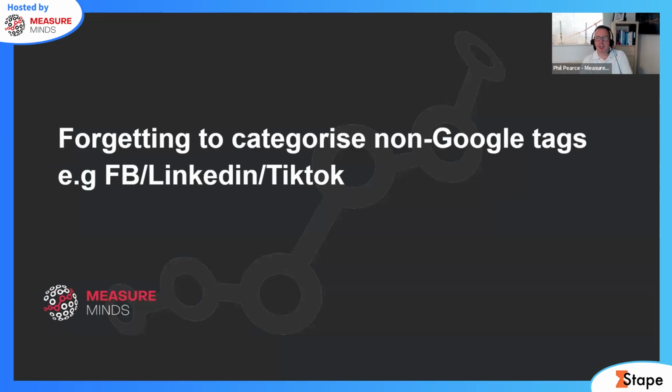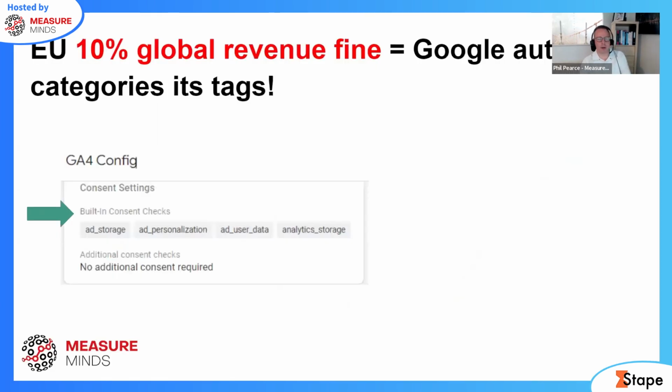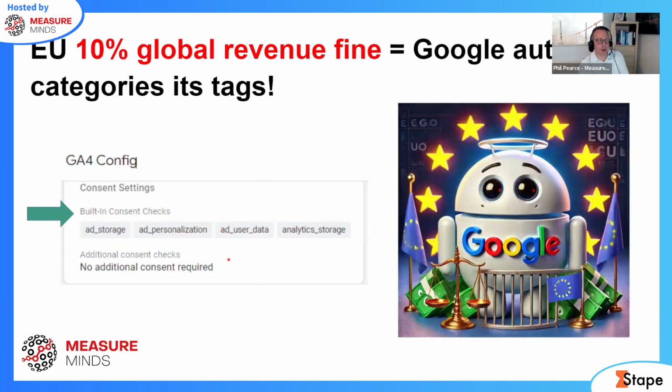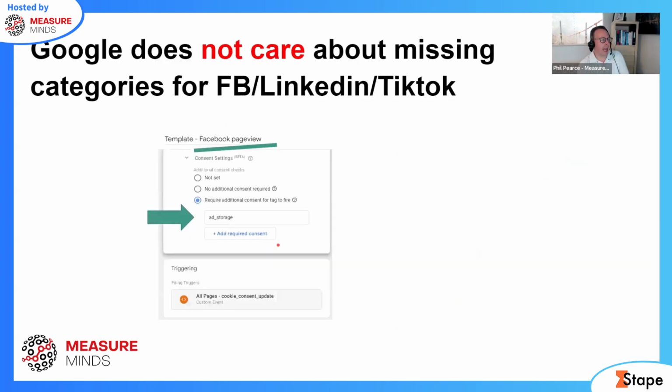Google has categorized Google tags automatically. Here we've got Google Analytics 4 or Google Ads, they're all good. Google's trying to protect itself from a 10% of global revenue fine, hence why it's covered its own back. What it hasn't done is cover Facebook, LinkedIn, TikTok, other gatekeepers.